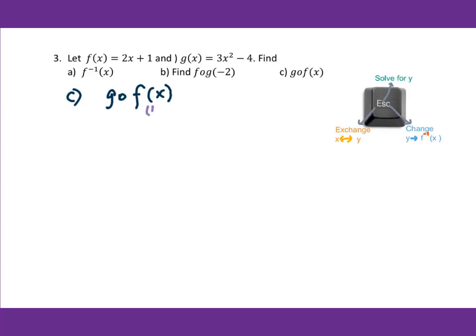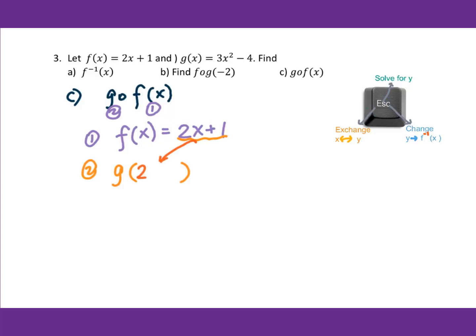Still inside first. First step, we're working on f of x equals 2x plus 1. For the second step, g of whatever you got over here, drop down 2x plus 1. Therefore, for the g function, every single x turns into 2x plus 1. We get 3 times 2x plus 1 squared minus 4.